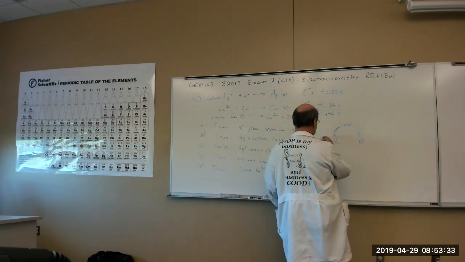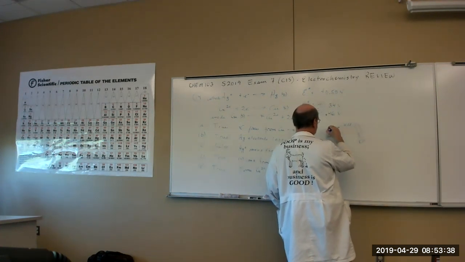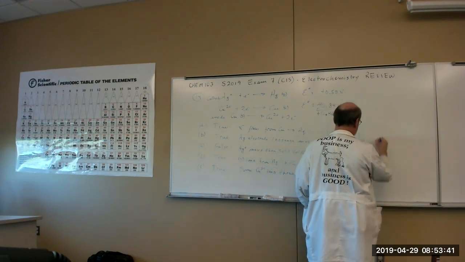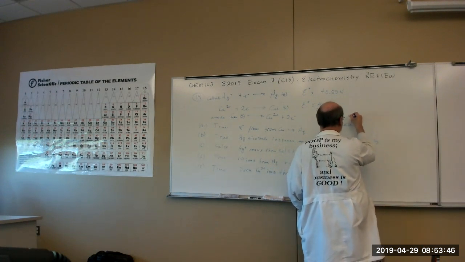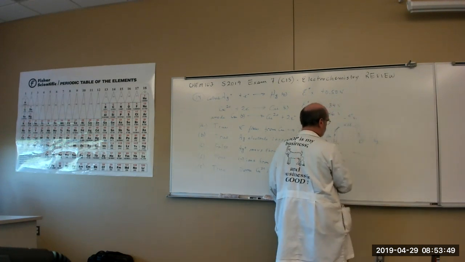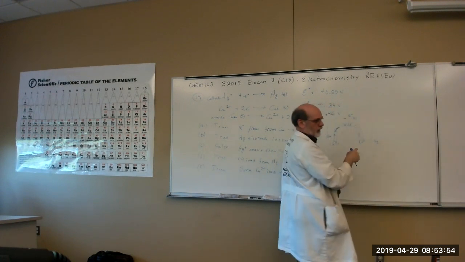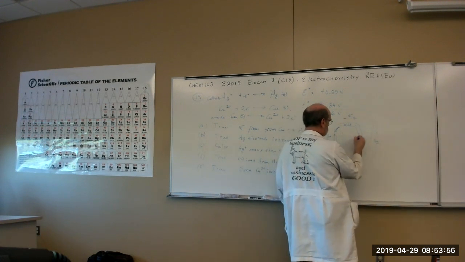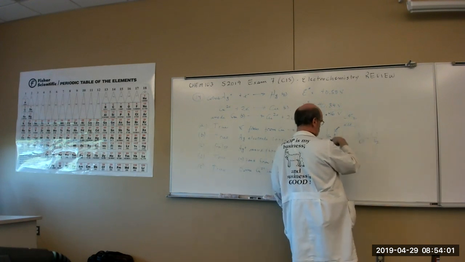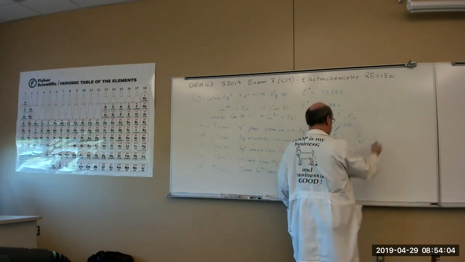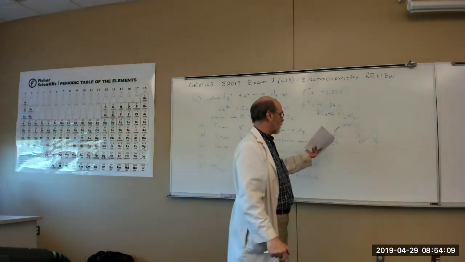So if we build a half cell over here with our copper electrode, and connect it over here with this half cell with our silver electrode, and we get electrons moving this way, if we don't have a salt bridge here, then we don't have a circuit. So we need some conductor of electric charge to make a complete circuit. So that's what the salt bridge is for.